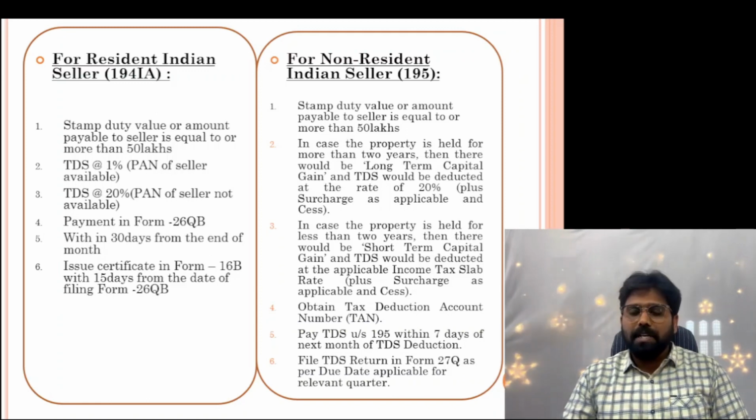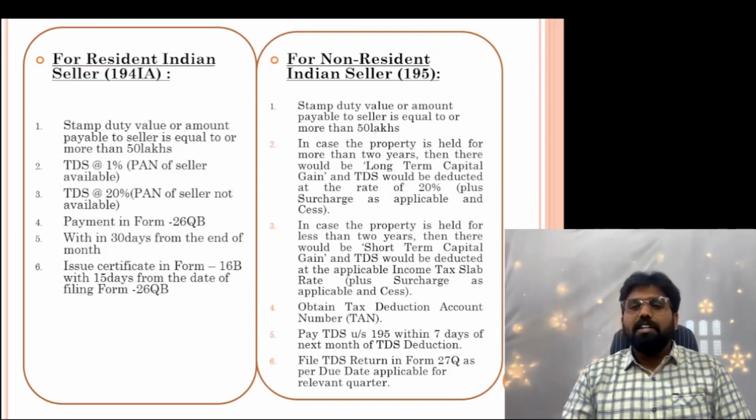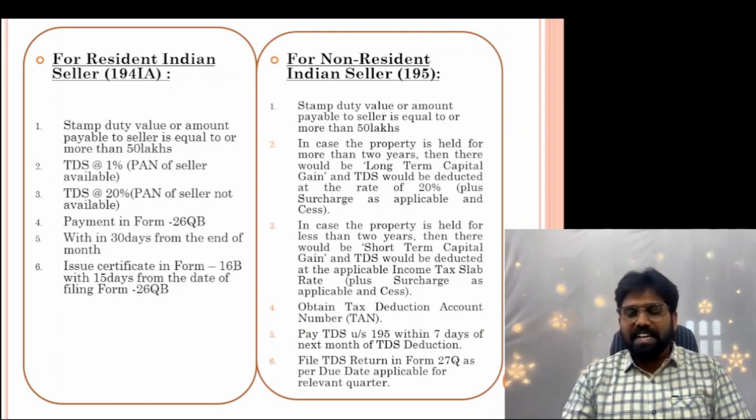For example, if the short-term capital gain is 11 lakhs, then the TDS should be done in slab rates, that is from 2,50,000 to 5 lakhs 5%, 5 lakhs to 10 lakhs 20%, and on the 1 lakh which is in excess of 10 lakhs should be calculated at 30% plus surcharge and education cess.